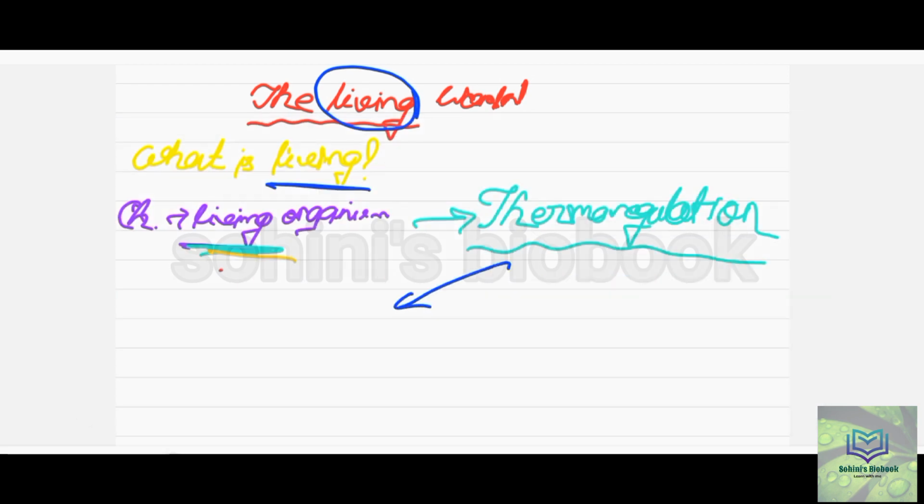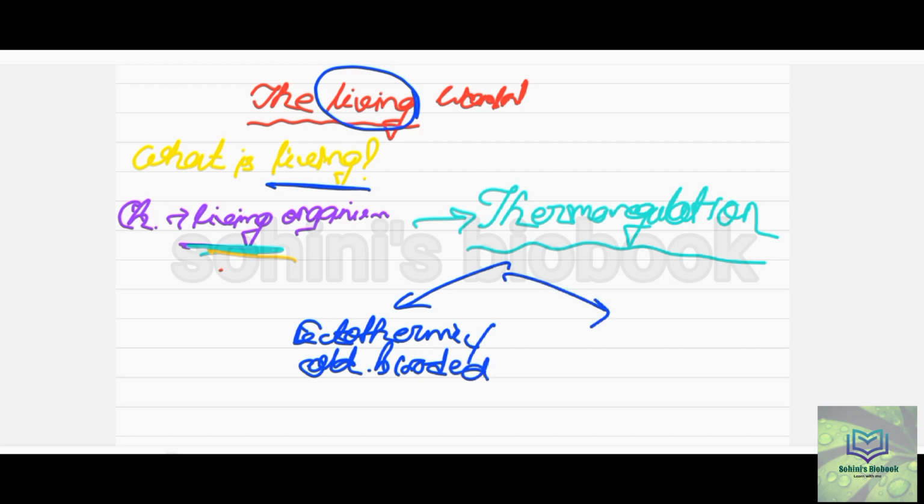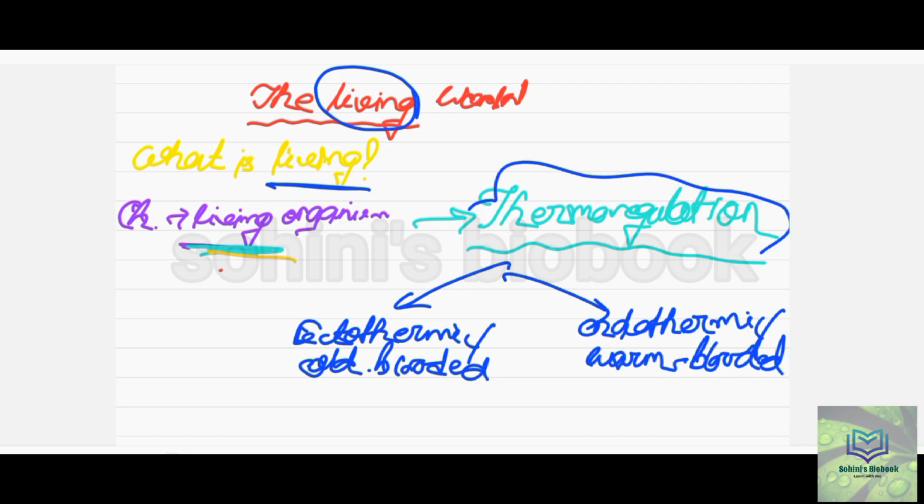Some organisms are ectothermic, or we call them cold-blooded. Some organisms are endothermic, that means they are commonly called warm-blooded. This is thermoregulation by the organisms.